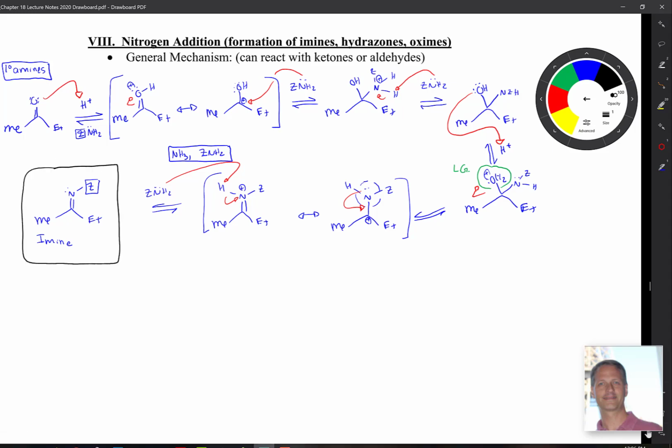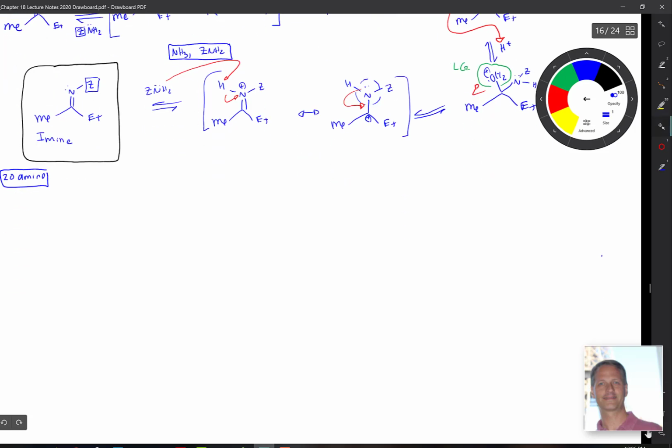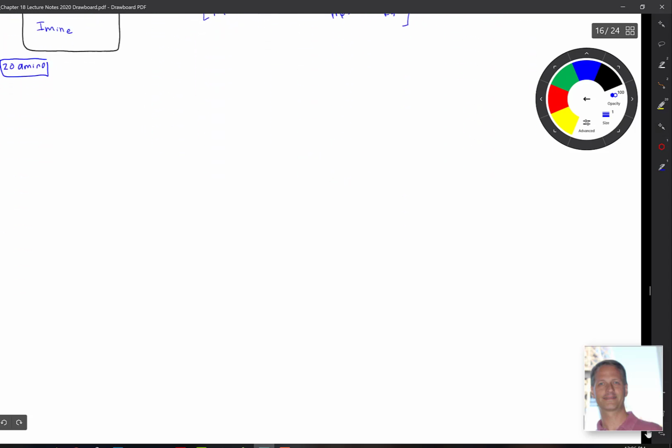Now for a secondary amine, so if we start off with a secondary amine, right, so something like a methyl, an ethyl, an oxygen, but an H plus and a Z2 NH.